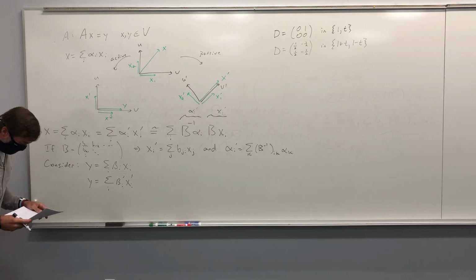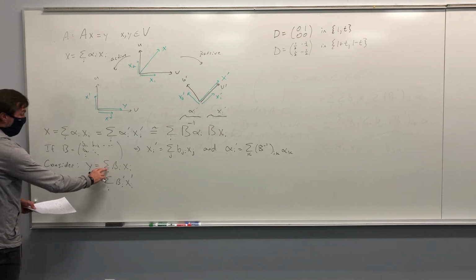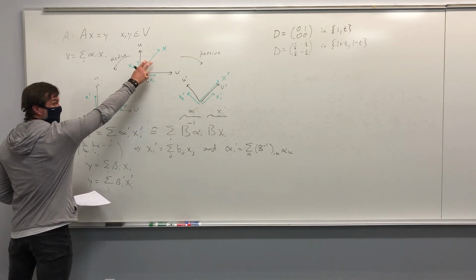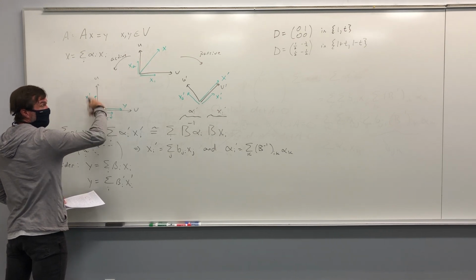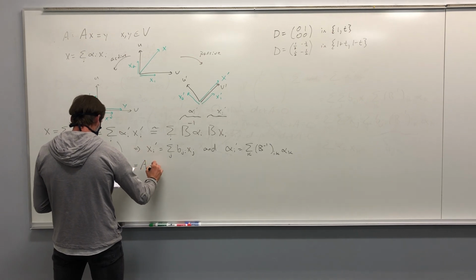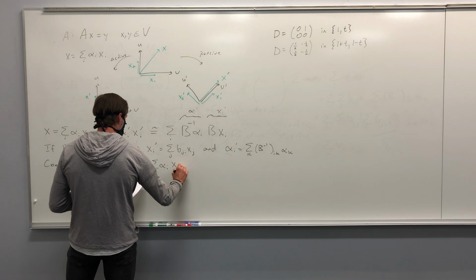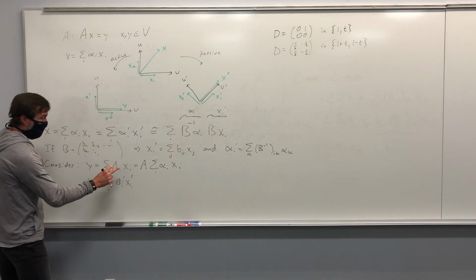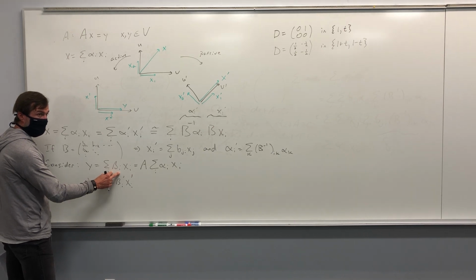Now, we have to remember how exactly we get y from x, because this is our starting point, and we want to map the active transformation followed by the passive transformation. So remember that if we're going to do an active transformation, we can imagine that A is only acting on the coefficients or the components or the coordinates.